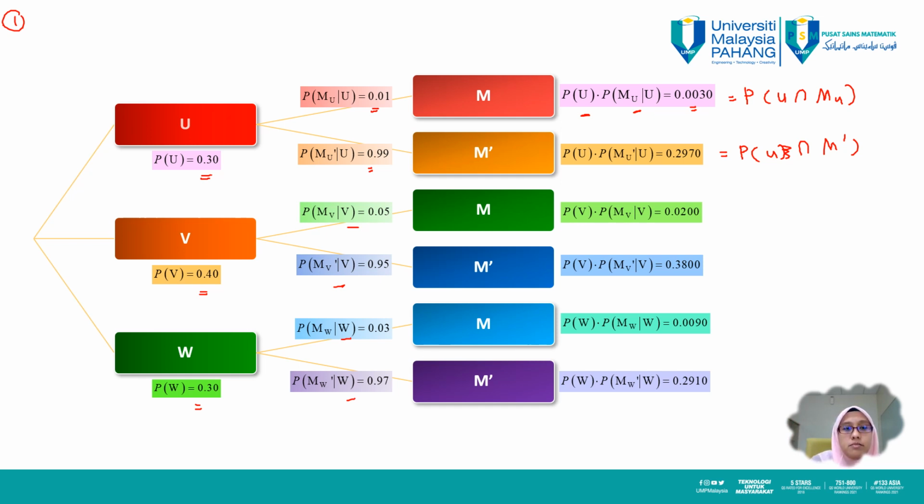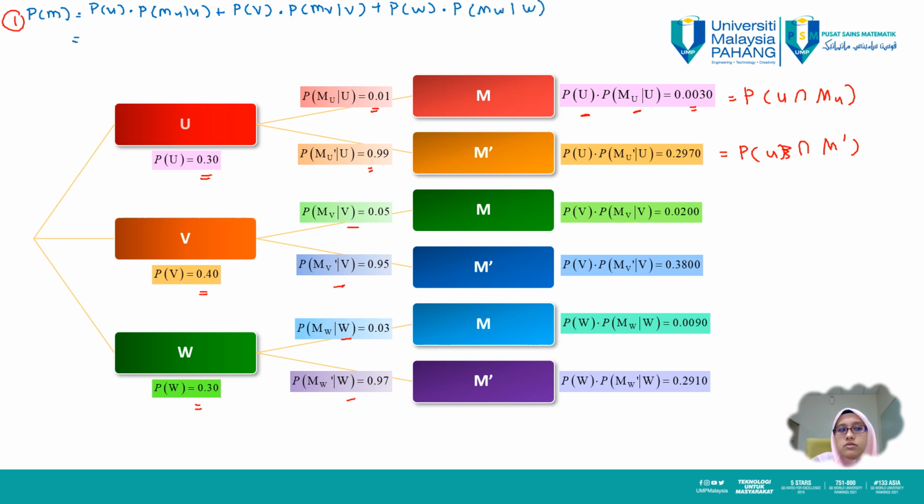So the probability of making a mistake is equal to P(U) multiplied by P(M given U), plus, from V, P(V) multiplied by P(M given V), plus from W, P(W) multiplied by P(M given W).